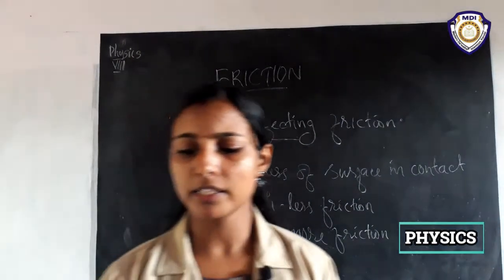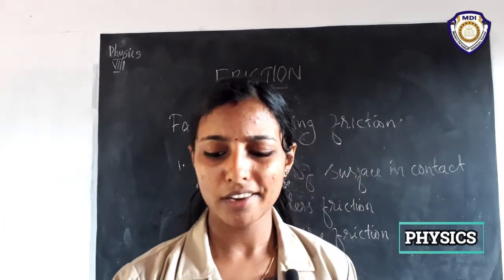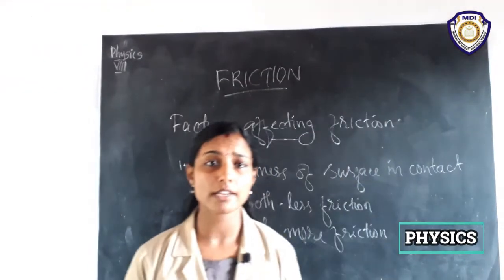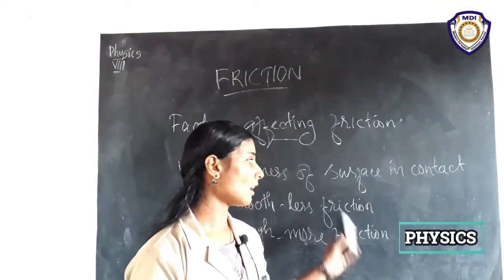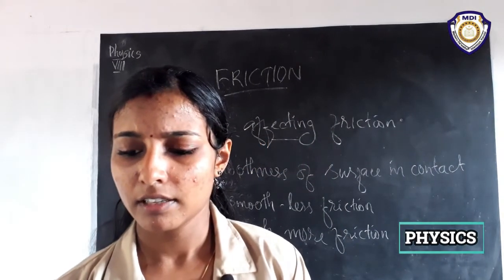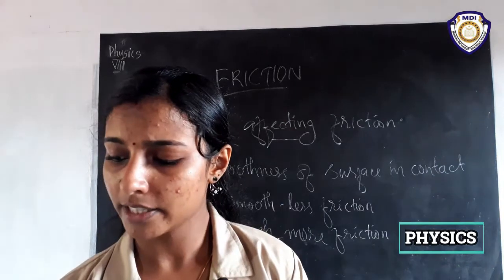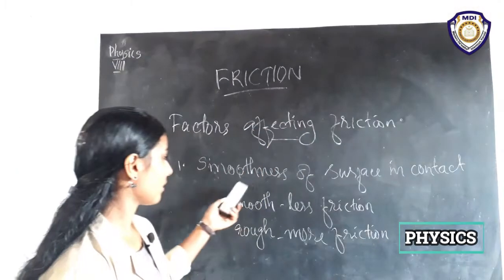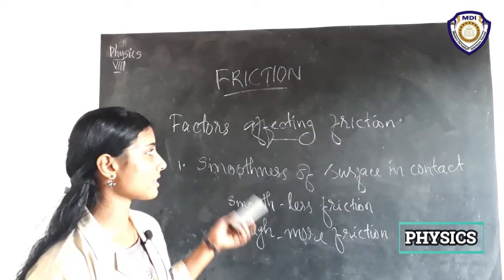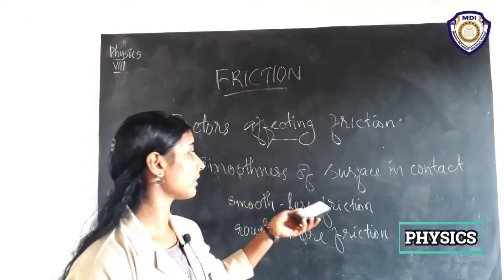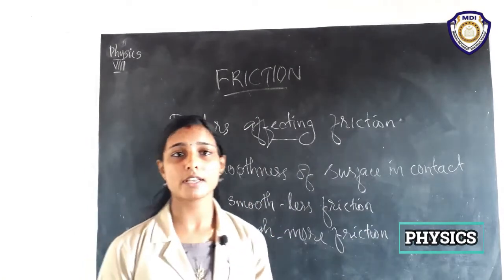One more activity is given to you, and you can do this. This also indicates how roughness and smoothness affect friction, right? This activity 12.3 is also suggesting the factors affecting friction, that is, the smoothness of the surface in contact.